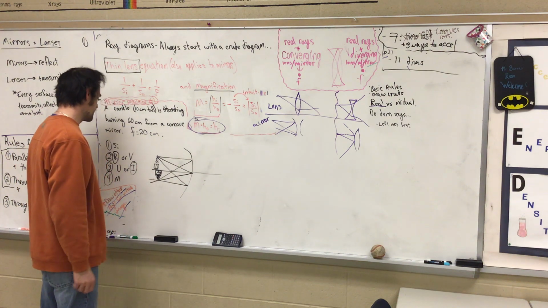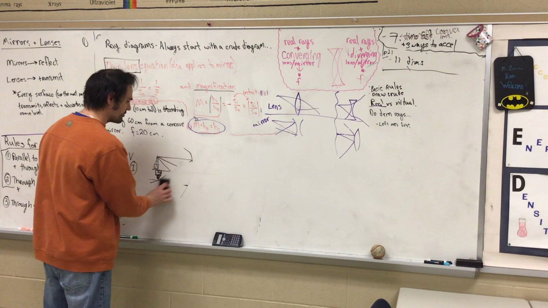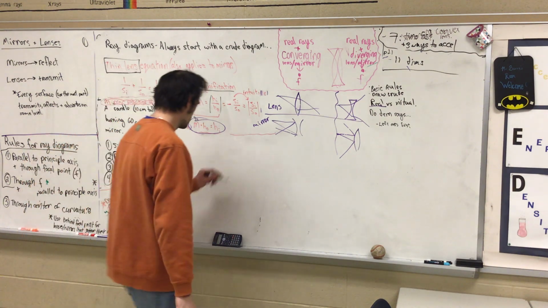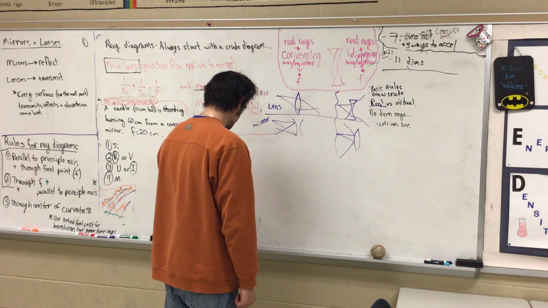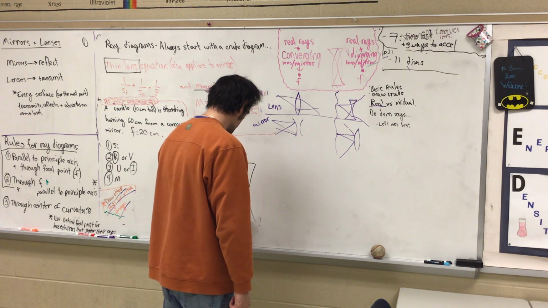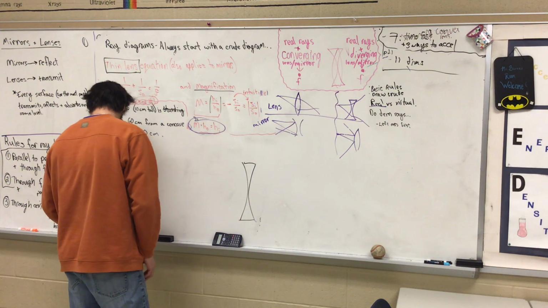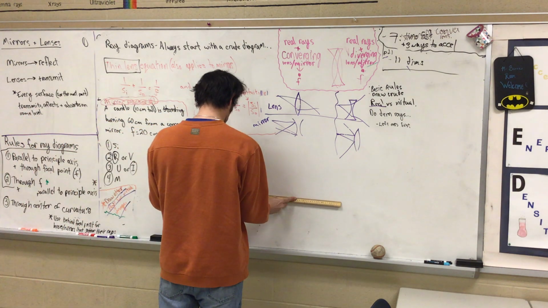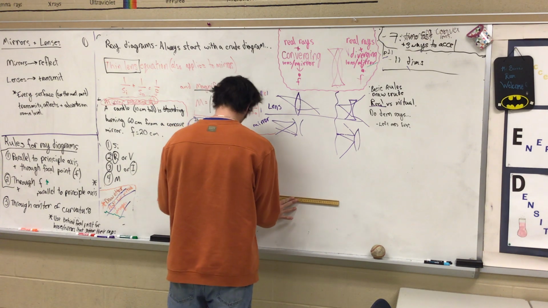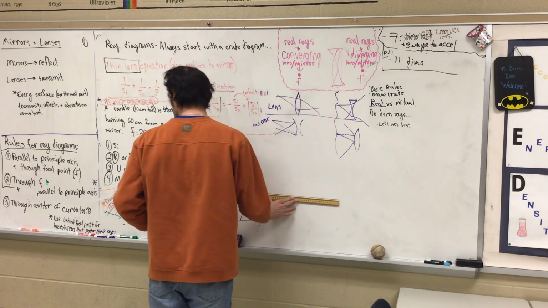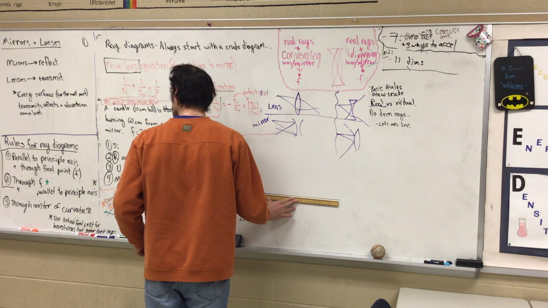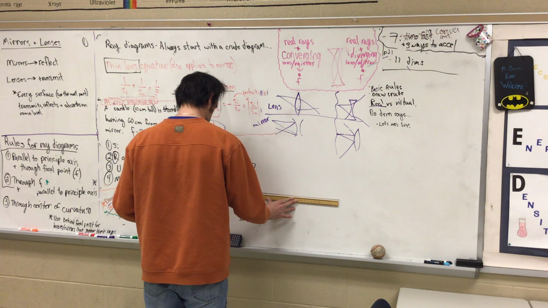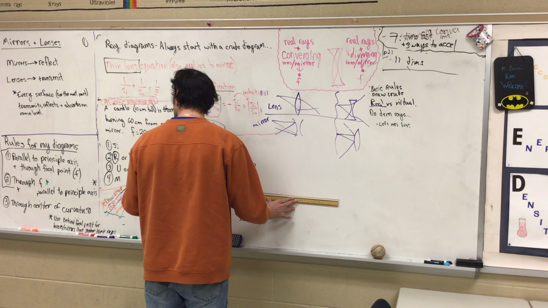So now let's get to the meat and potatoes of the problem. Start by drawing it, and we're going to add our principal axis. 60 centimeters away, and I'm going to use a scale of half, so I'm only going to mark it about 30 centimeters away.